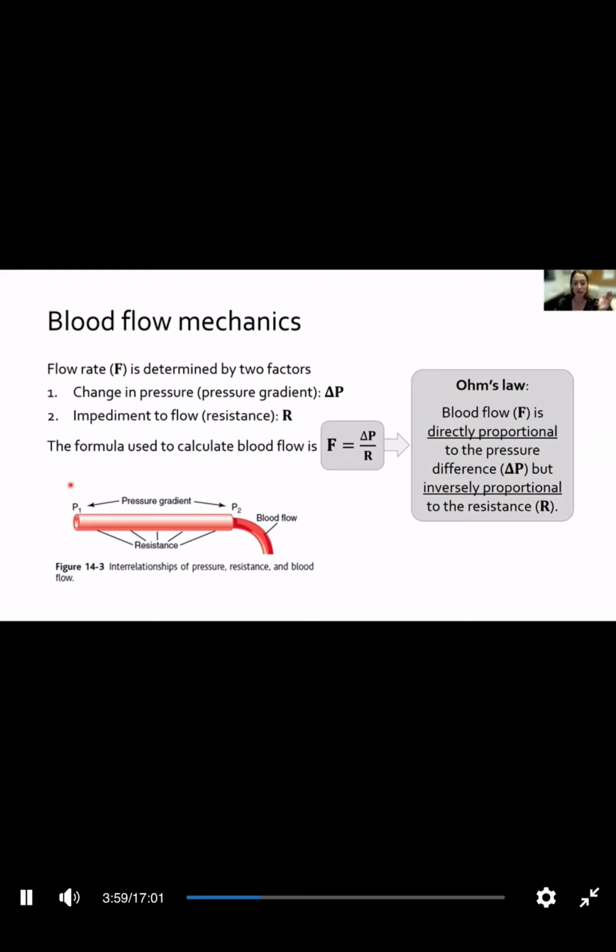If there's high pressure over here and low pressure over here, the difference is large, then the flow is going to be faster. However, if there's more resistance, the flow rate is inversely proportional to that. So more resistance, whether that is constricted vessels, longer vessel length, whatever that is, decreases the flow rate because there's more that is impeding the flow.